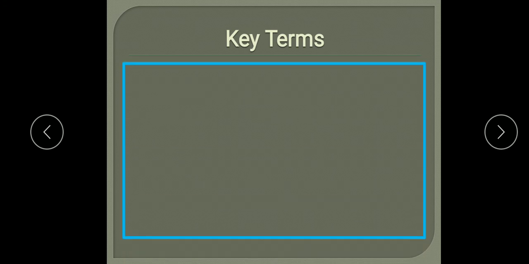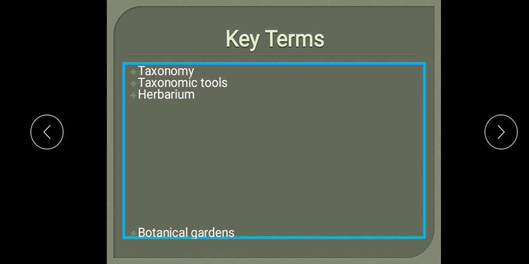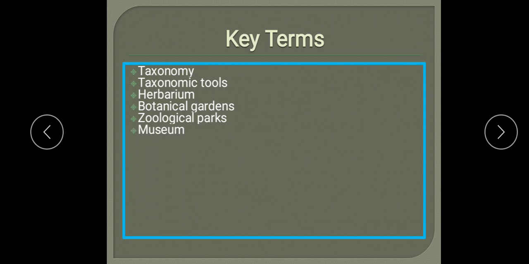So we come to the end of today's lecture. Learn all these key terms: taxonomy, and the taxonomic tools or taxonomic aids which we have studied, that is herbarium, botanical garden, zoological parks and museum, their definitions and role. Role means the purpose or use of all these.